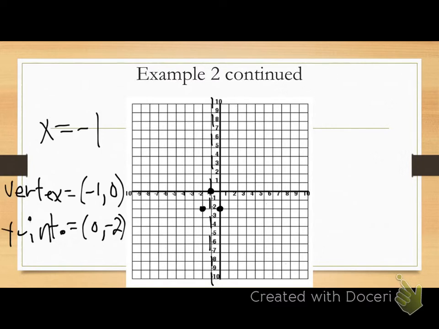Let's say I wanted to find the point where the x value is 1. What would I do? If I want to find the point where x is 1, I'm just plugging 1 in for x to my function, correct?